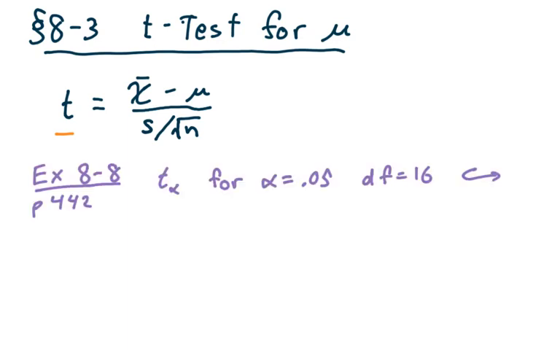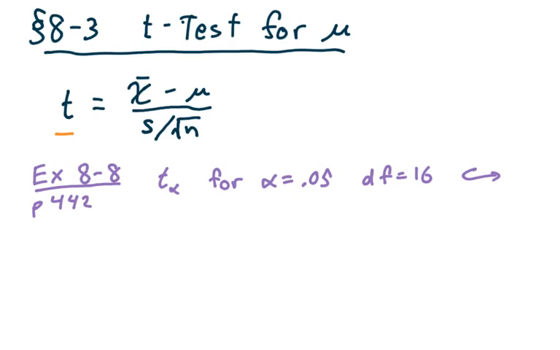So we'll take a quick look at example 8-8 in, of course, Chapter 8, Section 3, located on page 442. Here it says to find the critical t-value for alpha equals 0.05 with degrees of freedom equals 16 for a right-tailed test.